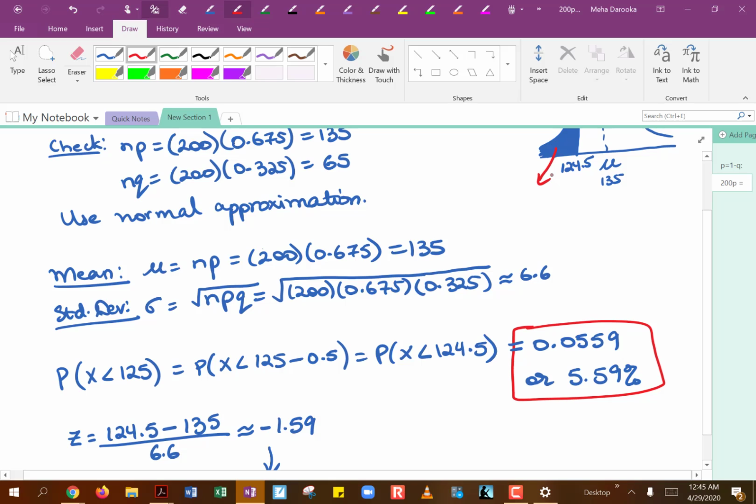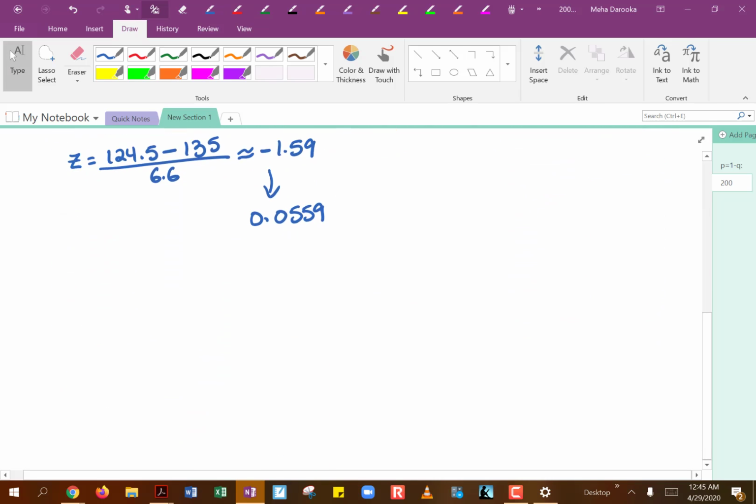Okay. Alright, so basically just to put this all in our conclusion, we would say in a random sample of 200 Americans, and their question was, what's the probability that fewer than 125 were born in their state of residence?